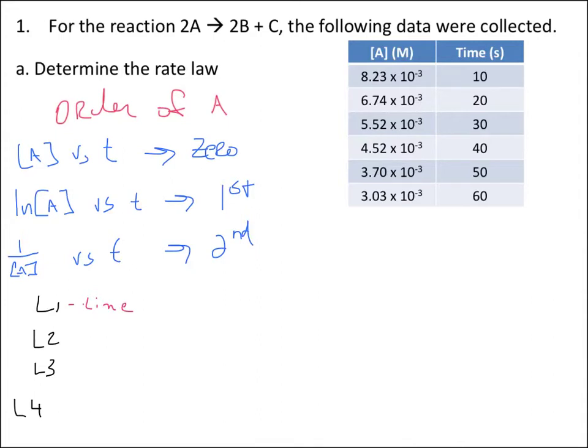My second list is the concentration of A, or whatever reactant we're looking at. My third list is the natural log of that concentration, and the fourth list is 1 over that concentration. By making these lists, I can put in this information and then graph it individually. All right, so here we go.